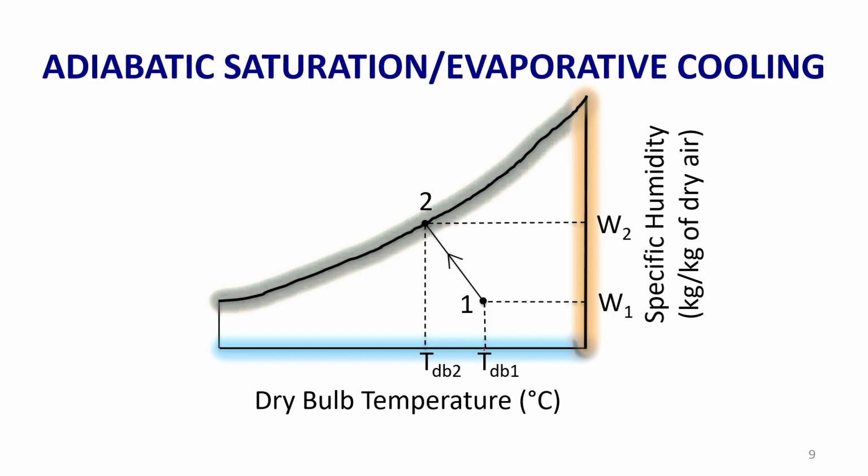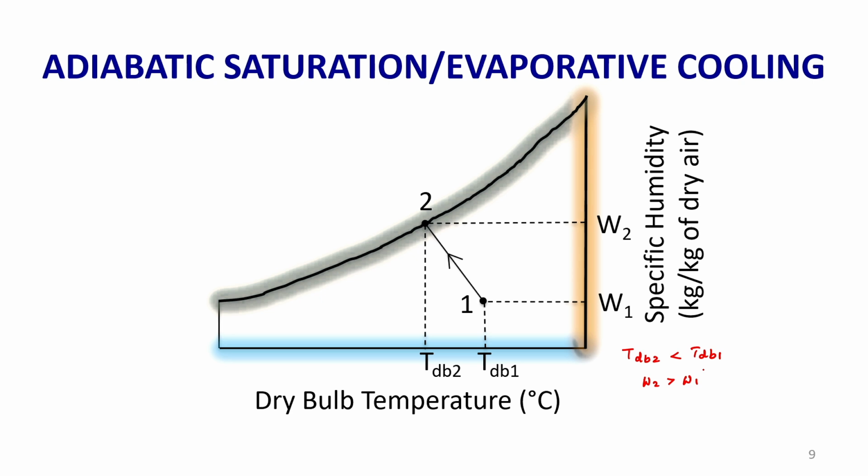So, dry bulb temperature 2 is less than dry bulb temperature 1, but W2 is not less than W1, W2 is more. That means the temperature is reduced and a little amount of moisture is added. The amount of moisture added to the air increases. So, W2 is greater than W1.